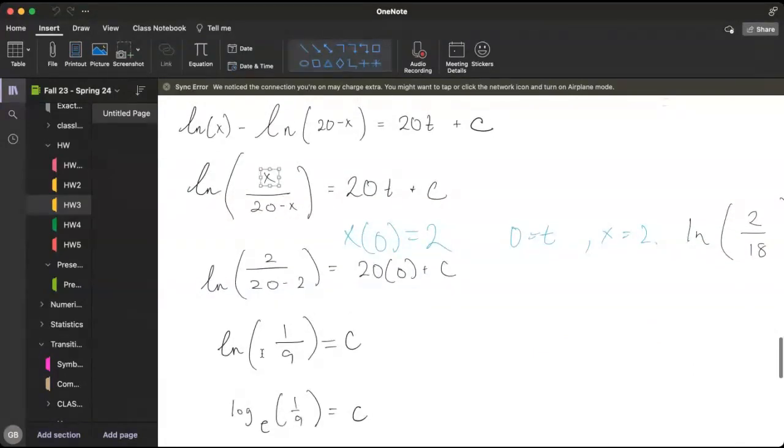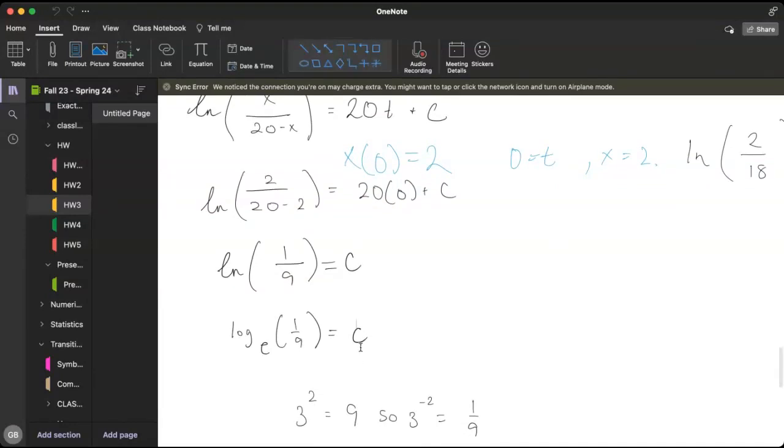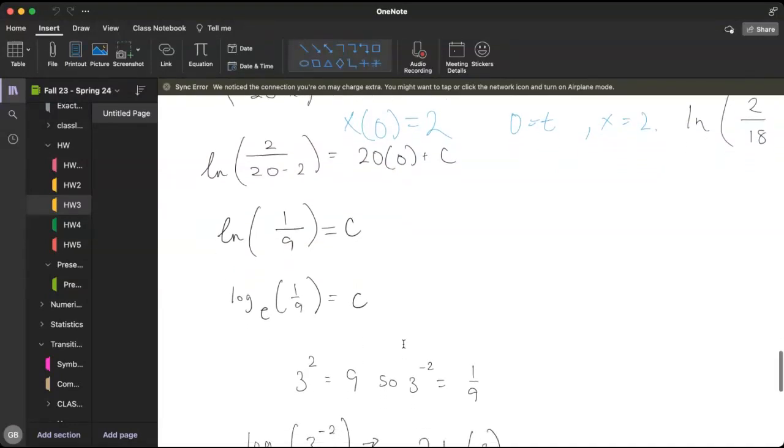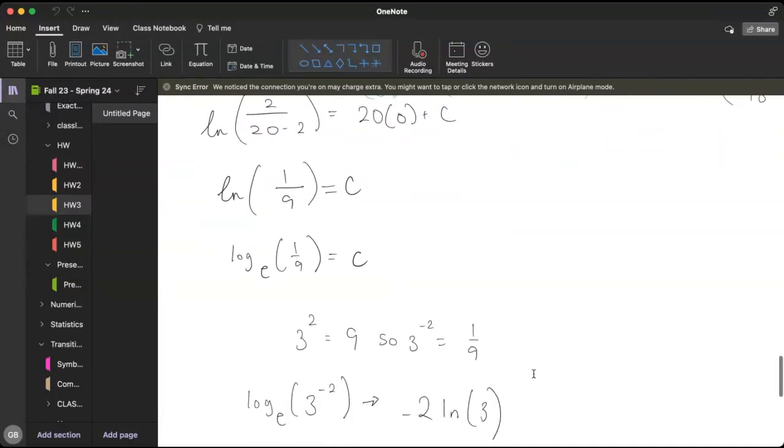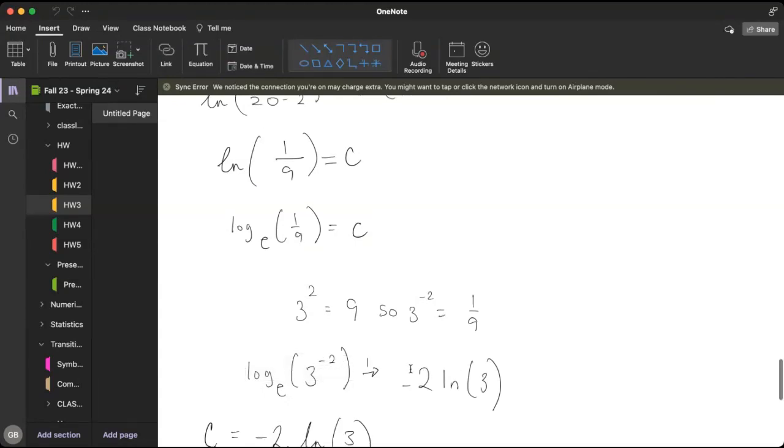And I usually like to rewrite this in a form where the natural log can be written as log base e, and we have it of 1/9 equal to c. So I'm going to go ahead and solve for c, and 1/9 is the same as 3 to the negative 2 power. And again, log rules say that we can take out this power here and rewrite it.